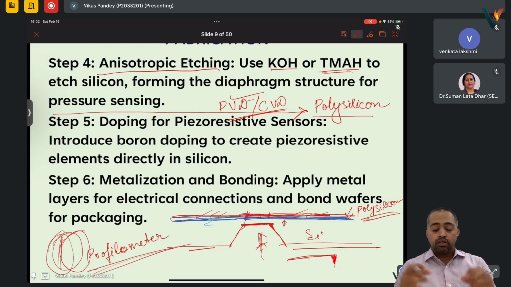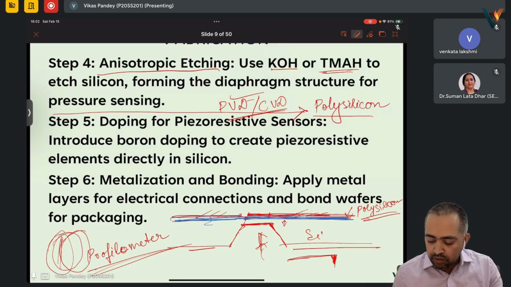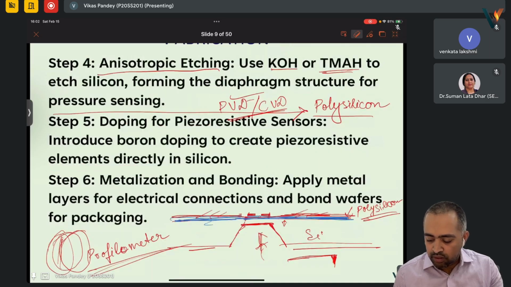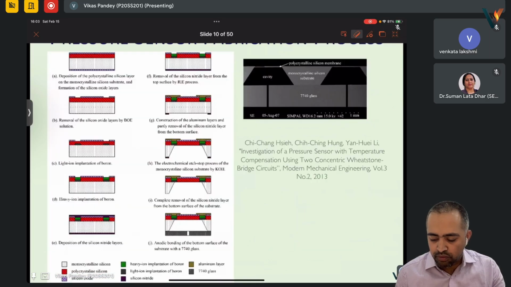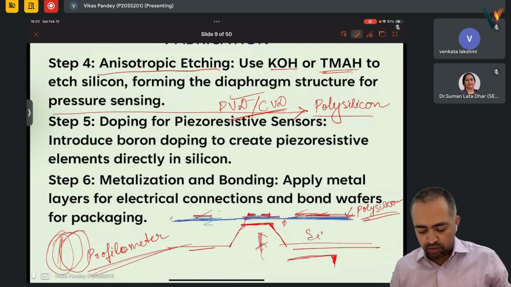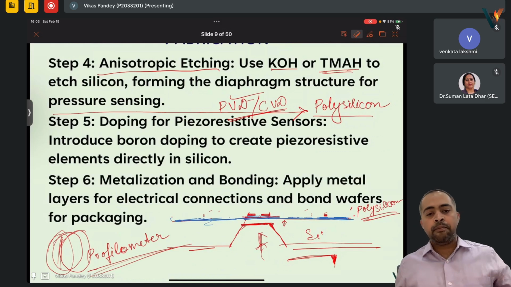Now, once this doping is done, we will pattern it. How will we pattern it? We will have some resistances just on the membranes. Other things we will remove. Okay, so if we see the top view, that will be different.